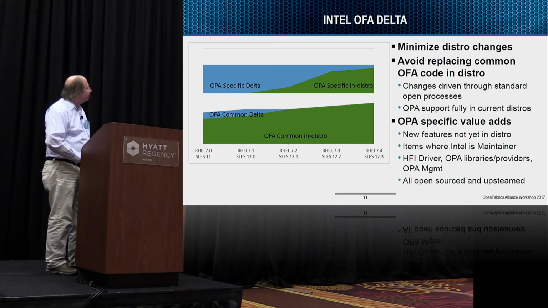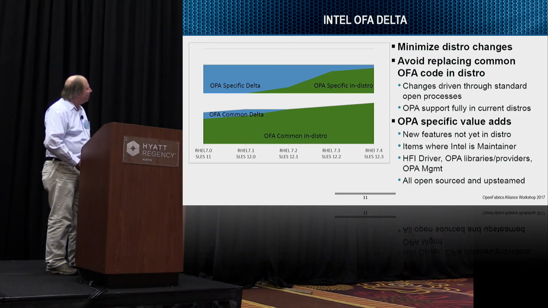We just add surgically the features that we needed, such as the 2 kilobyte MADs, to allow the Omni-Path software to run on that particular distro. Red Hat 7.2 is the first distro that included all the Omni-Path enabling features that were required in the core of OpenFabrics. So in that distro and later, we don't have any Omni-Path changes in the heart of the distro.